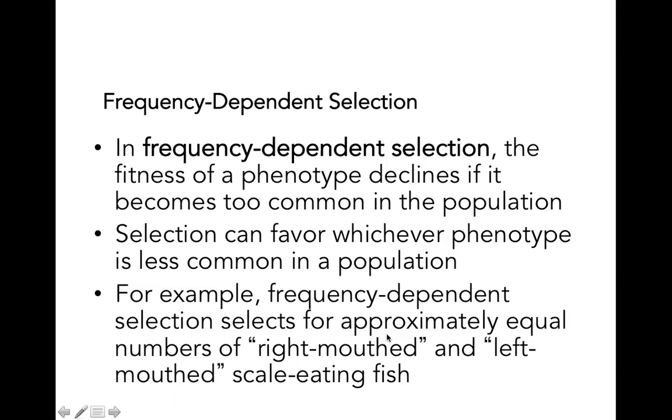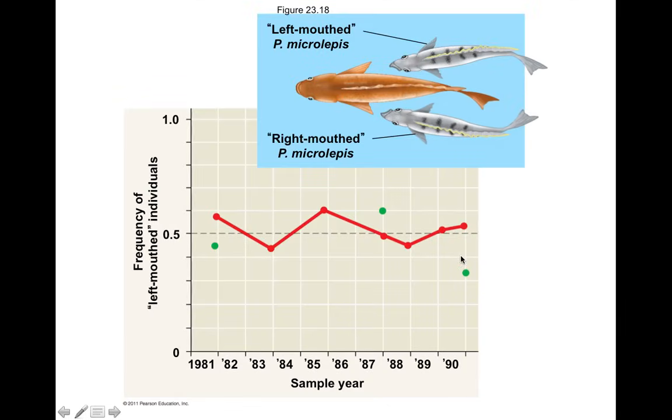So, one example, there is a species of parasitic fish, a scale parasite, that eats from the left side of other fishes, and one that eats from the right side of these fishes.